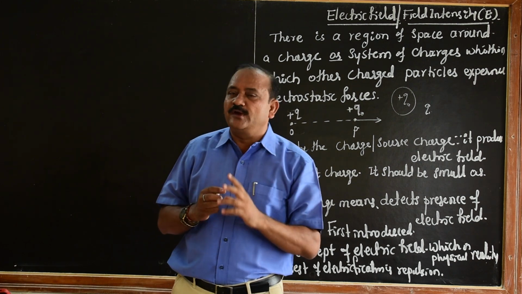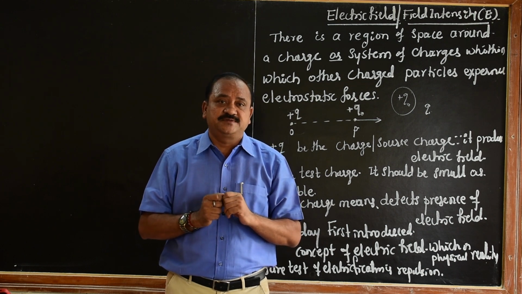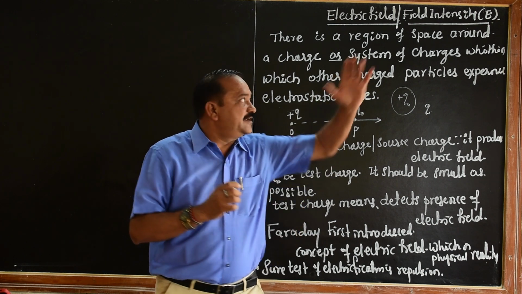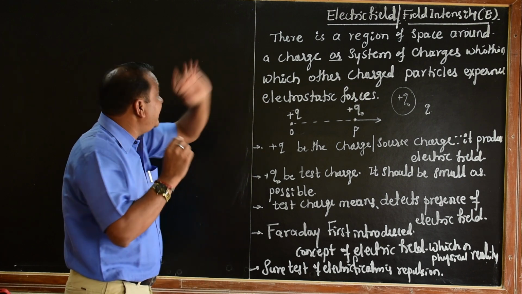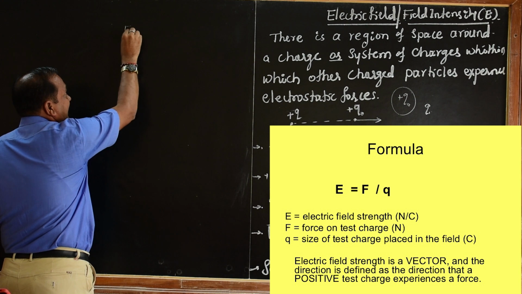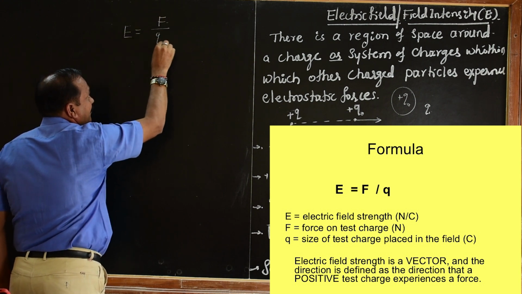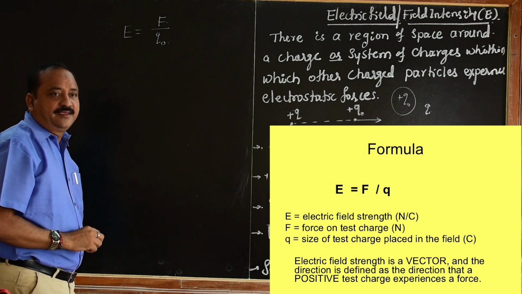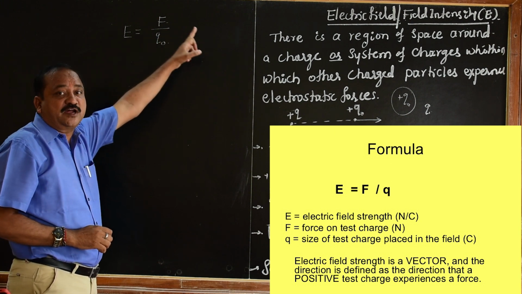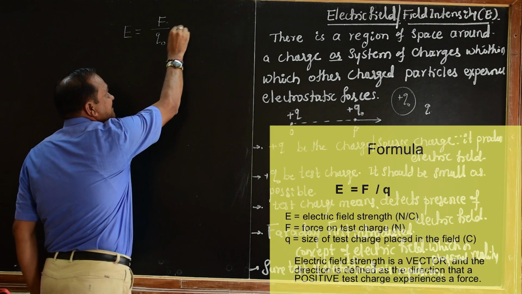As usual we know the definition of the electric field concept. Then the formula: electric field E equals F divided by Q naught. F is the force experienced by a unit positive charge, and Q naught is the test charge.